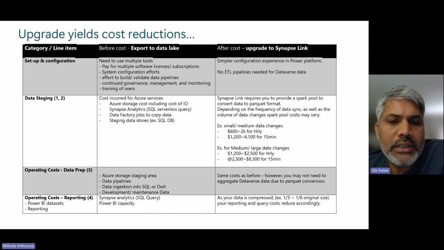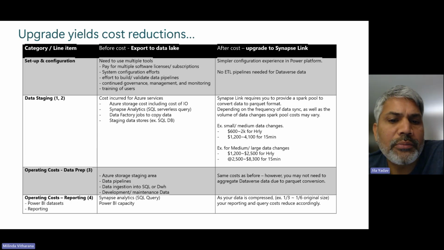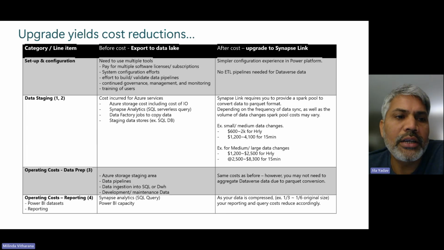There is an upfront cost here with the Synapse Link and Fabric Link, where you would pay for this Delta conversion. In terms of Synapse Link, you're paying for the Spark pool to do the Delta conversion or Parquet conversion. But at the same time, your data is compressed and you may not need further transformation of that data. You're basically eliminating some of the pipeline work which you were doing before to copy the data to different areas. So that gets minimized.